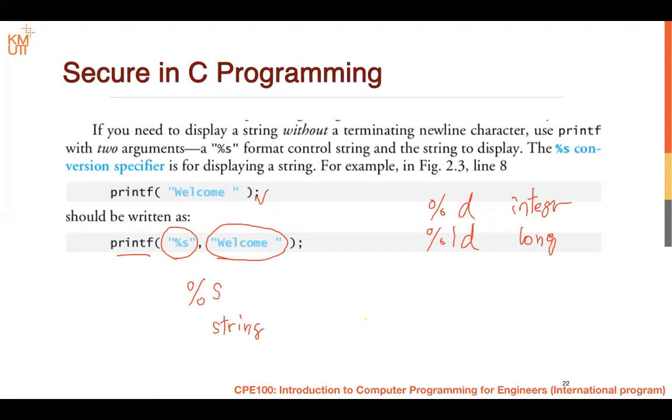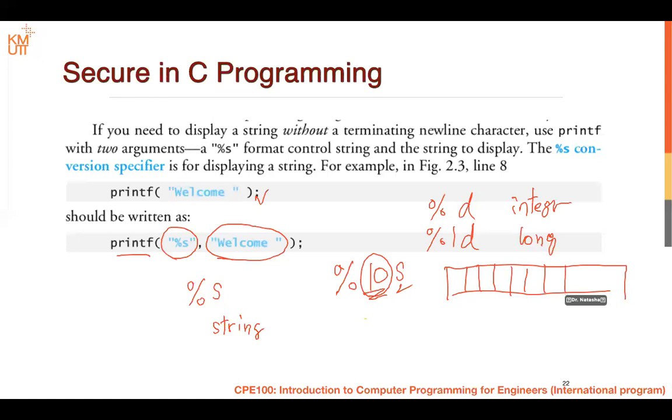Okay, let me start with the percent sign 10s first. What does it mean by 10s? If you put an integer in front of the formatted sign here, suppose you want to print welcome here. So 10 means you have to allocate 10 characters here.